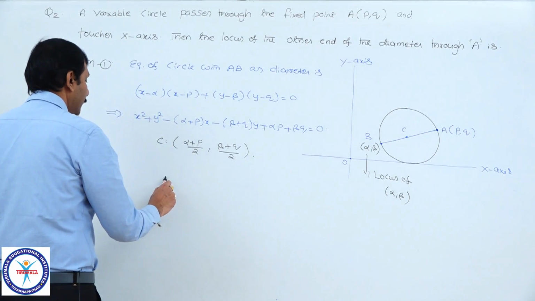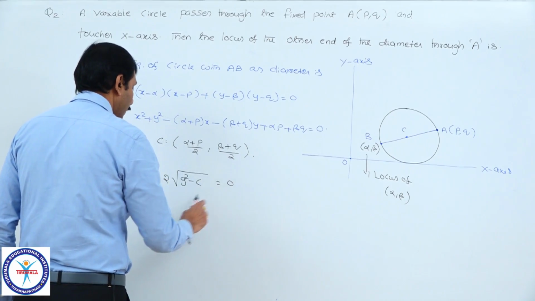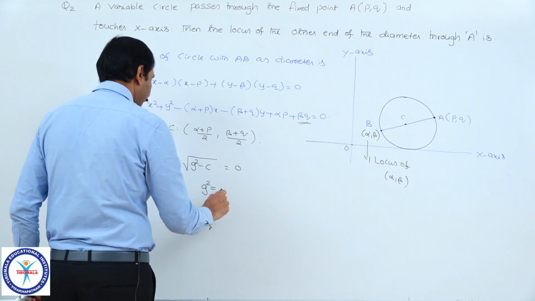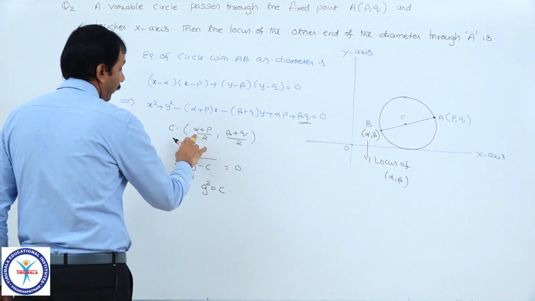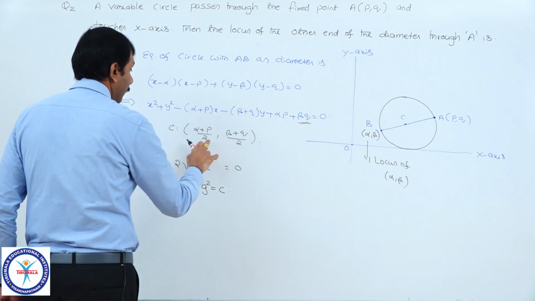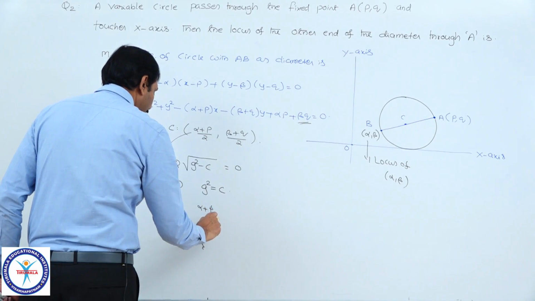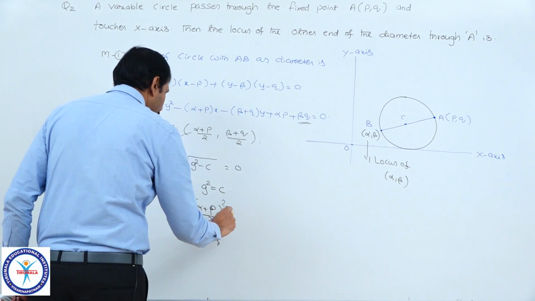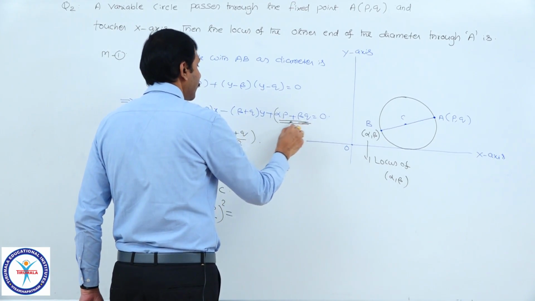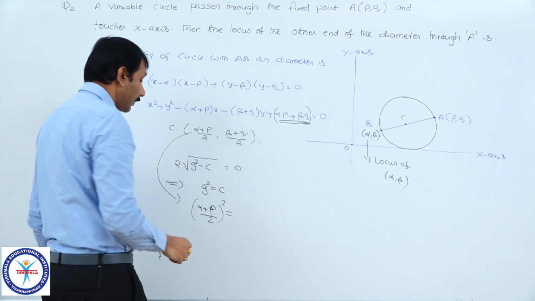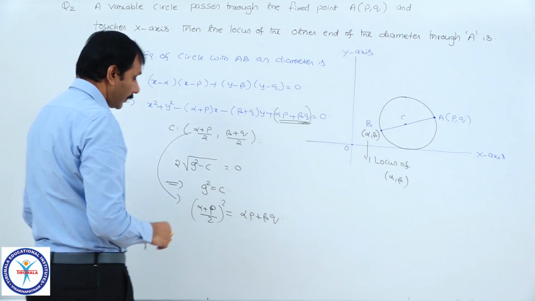And the length of the intercept made by that circle on the x-axis is 2 into root of g square minus c, which should be equal to 0. G square is equal to c. It is of the form minus g, minus f. G square means the square of this term, that is alpha plus p by 2 whole square is equal to c, the constant term here. What is the constant term? Alpha p plus beta q.